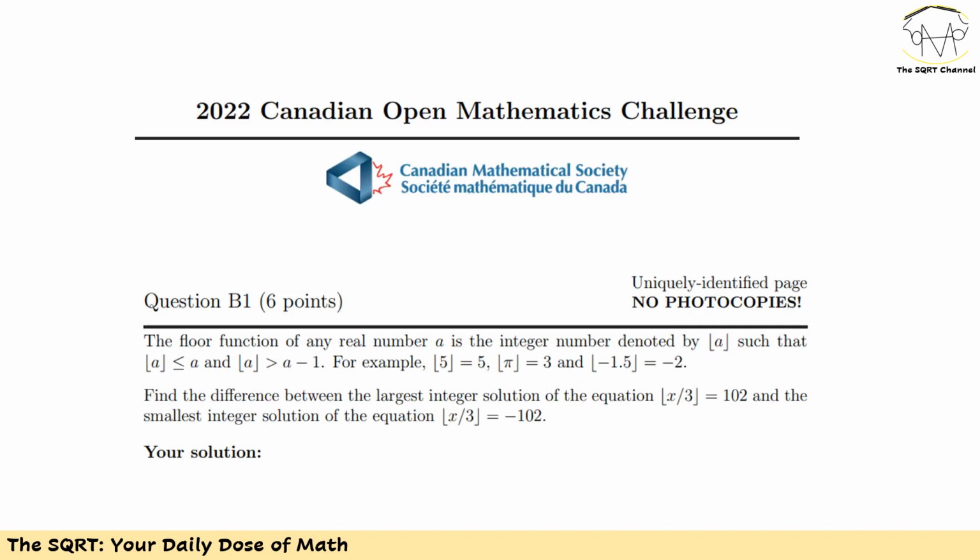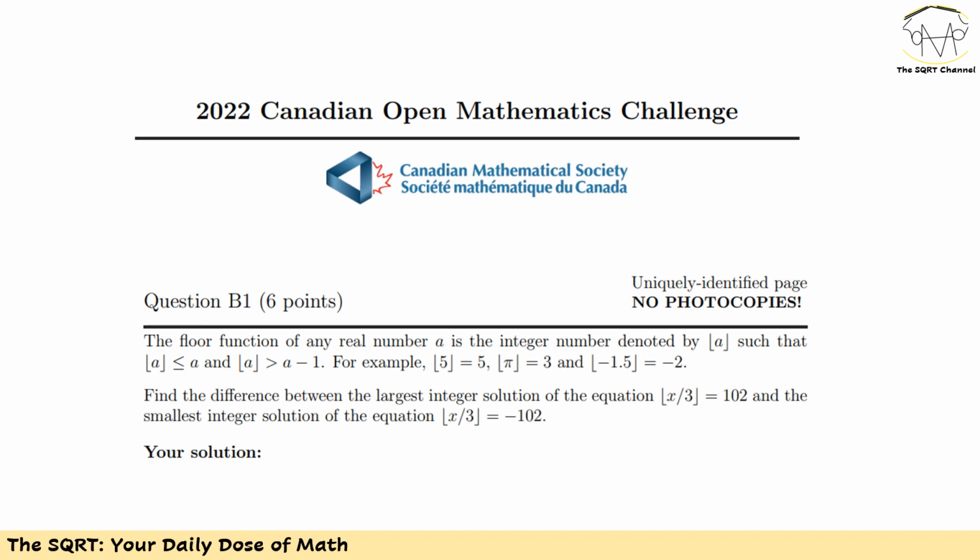Now we have problem number B1, which is basically problem number 5 of the competition. The competition actually has several parts. We covered part A, and now we are moving towards part B. In part B, we have this floor function that is defined for any real number, and it's going to generate an integer number.